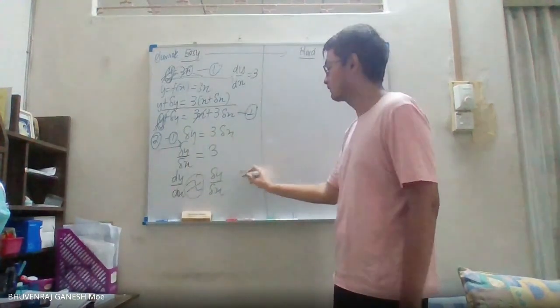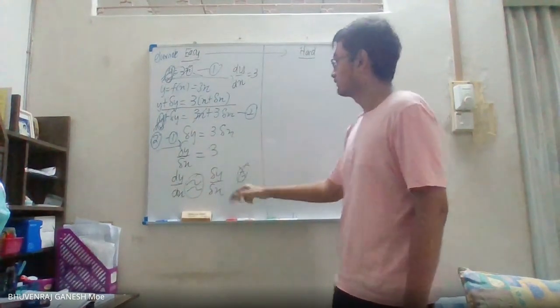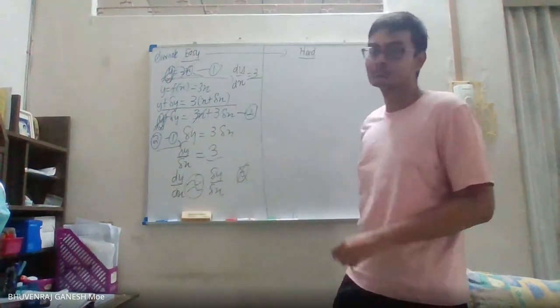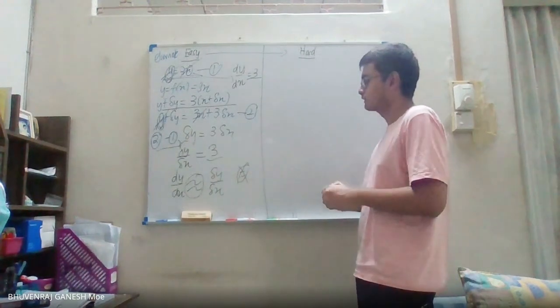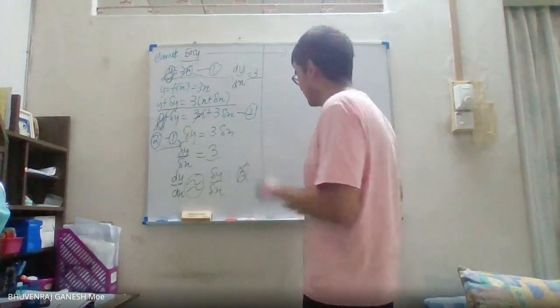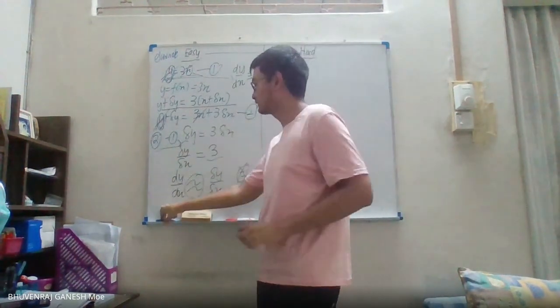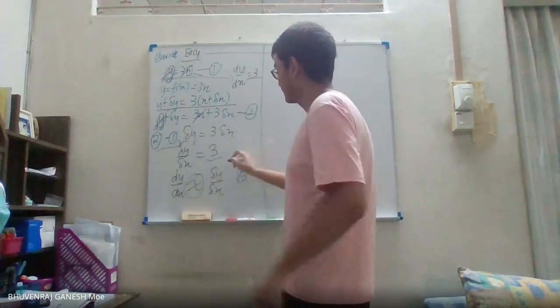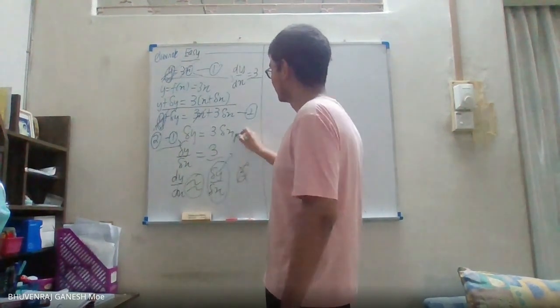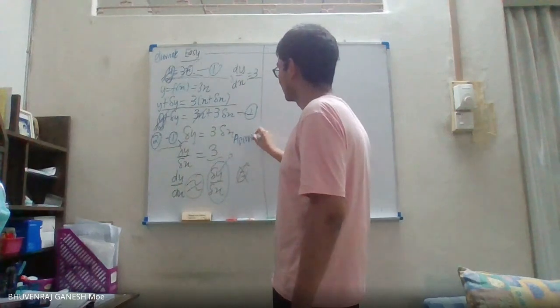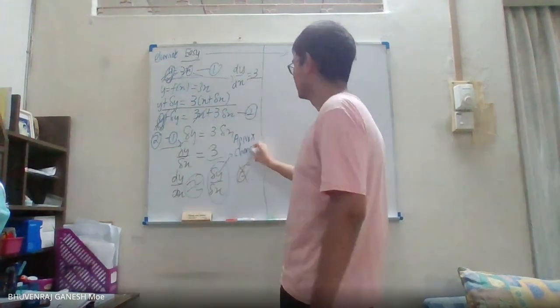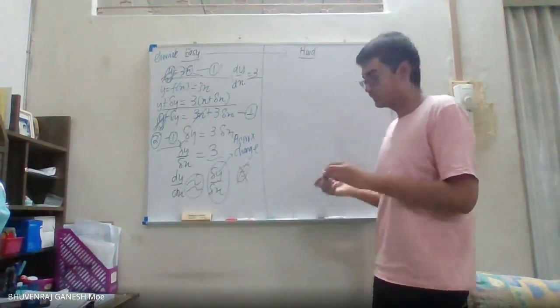We won't put equal directly, because it has the same values. So that's why we came up with this relationship, and it will be useful in the approximate changes part. This is the approximate change.